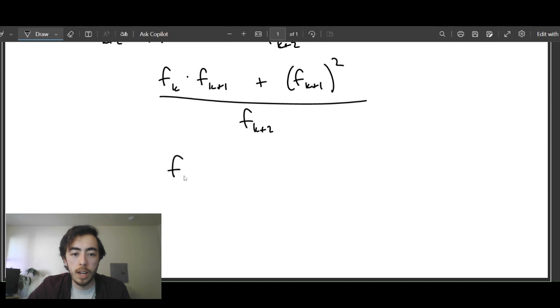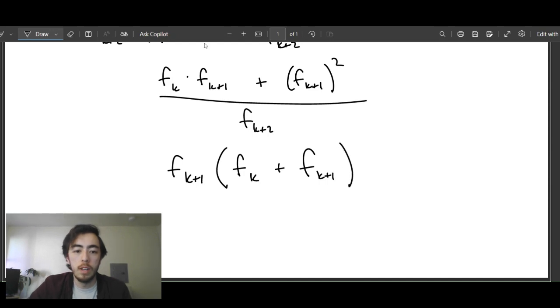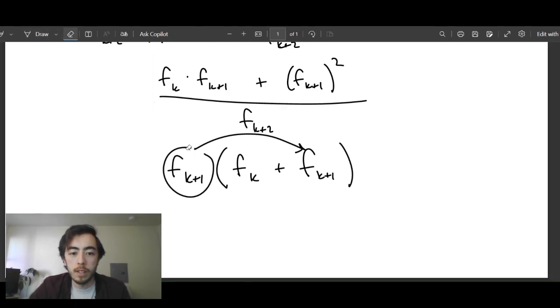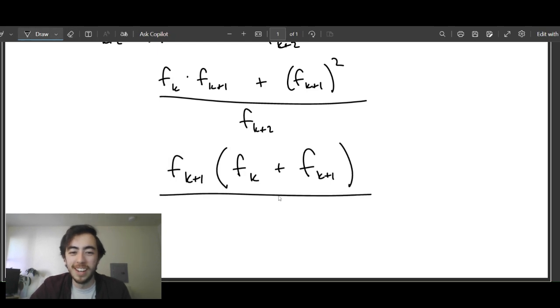So if I factor out f sub k plus 1, I'll have f sub k plus f sub k plus 1 here. So you could redistribute this term, and then you're going to get back to this sum on top. And then finally, I'm going to just put this denominator back here where it's supposed to go.